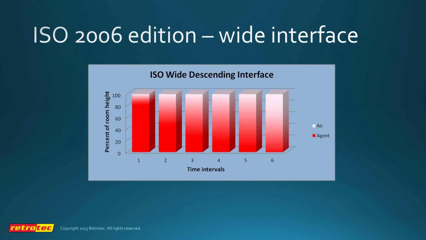We actually found that doesn't really occur, and the ISO wide interface formulas are way too conservative, and it requires a lot of excessive tightening of the enclosure, which is not necessary. We've made changes that will occur in the next version of ISO, but we're still stuck with this wide descending interface right now, which requires a lot of excessive air sealing. The NFPA side, the formulas that you're using are actually pretty accurate, and we didn't go down this route, fortunately, and have saved ourselves a lot of time.